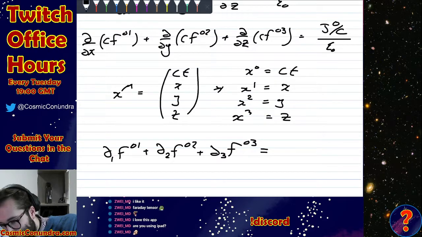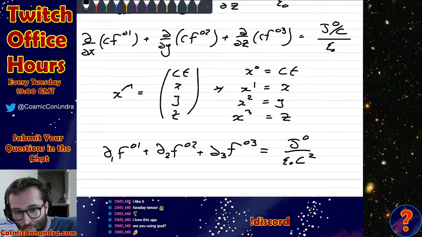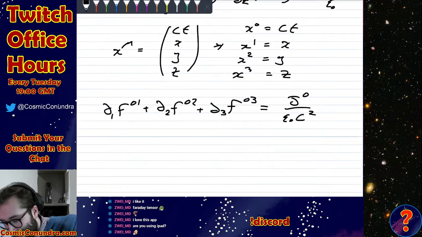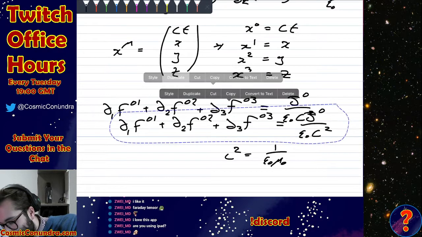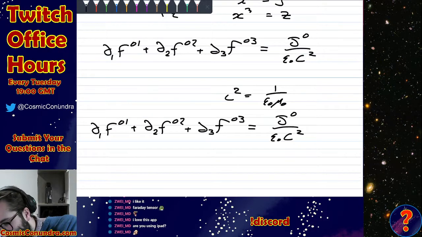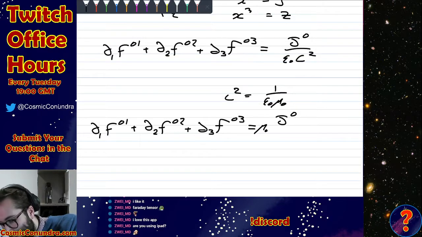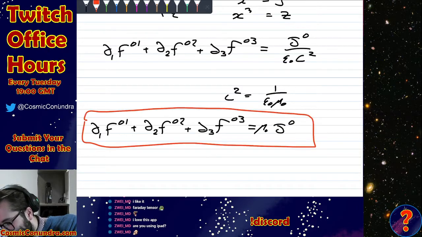So on the right-hand side, I've got J0 over epsilon naught c squared. Again, using the fact that c squared is 1 over epsilon naught mu naught, replacing the 1 over c squared with epsilon naught mu naught, this leaves me with a mu naught up here. Okay. So this is one equation.